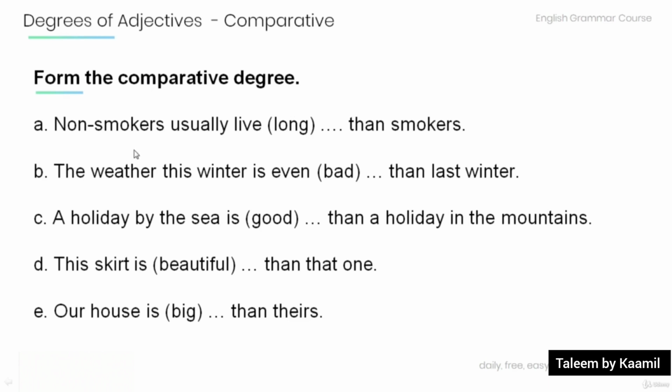A. Non-smokers usually live long than smokers. B. The weather this winter is even bad than last winter. C. A holiday by the sea is good than a holiday in the mountains.